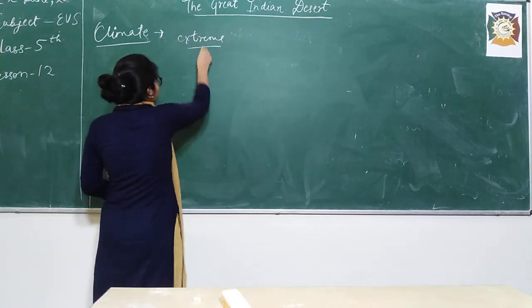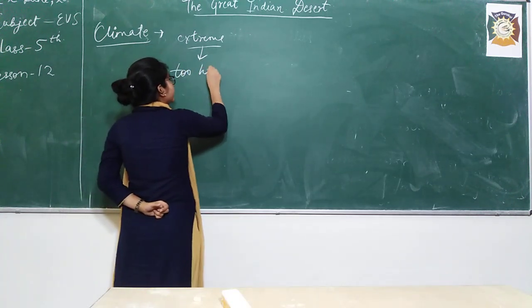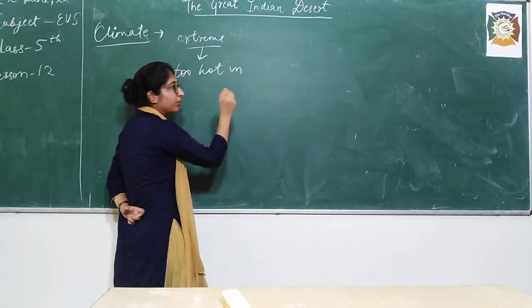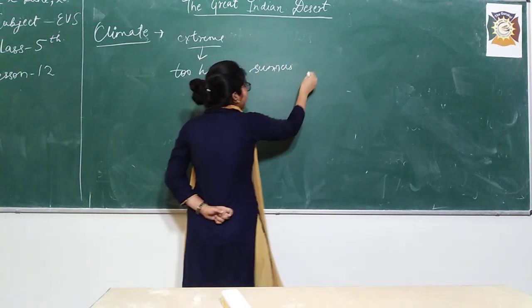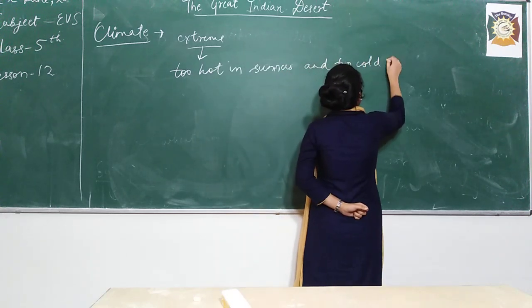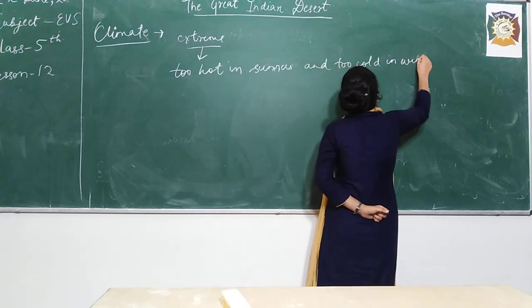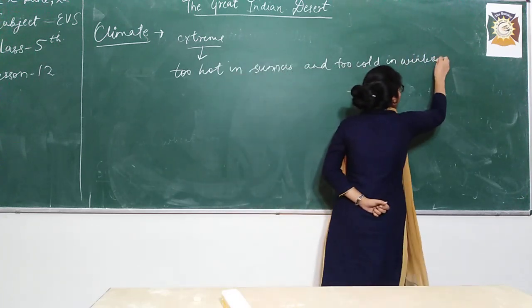So what kind of climate is it? It is too hot in summers, in daytime only I am just saying, and too cold in winters. That means the temperature difference is very high.